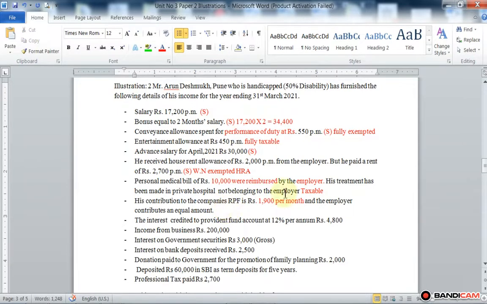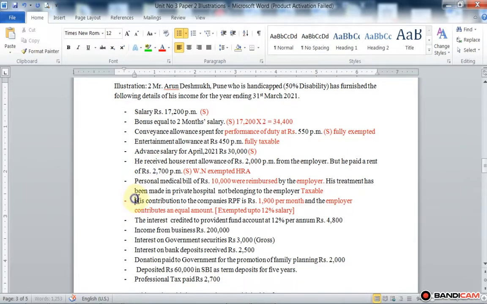So we know the treatment of the employer's contribution to RPF: it is exempted up to 12% of salary. Here again we need to compute the salary for HRA. 12% of salary is exempted; the remaining balance is taxable.